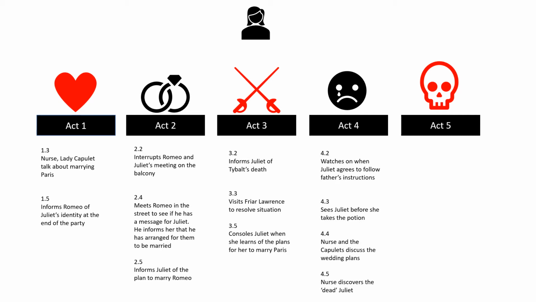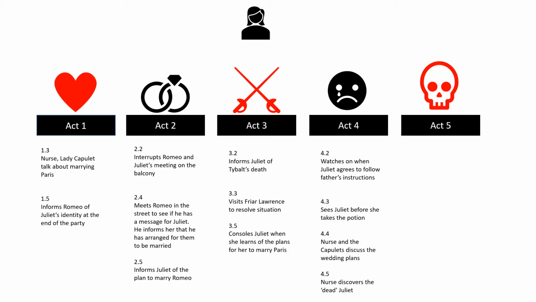But then in Act 3 she's the one that informs Juliet of Tybalt's death, and she's the one that afterwards goes to Friar Lawrence to try and resolve the problem with Romeo and Juliet and their relationship. And then she also, at the end of Act 3, she's the one that consoles Juliet when she discovers the plans to carry on marrying Paris, even though she's married Romeo at this time.